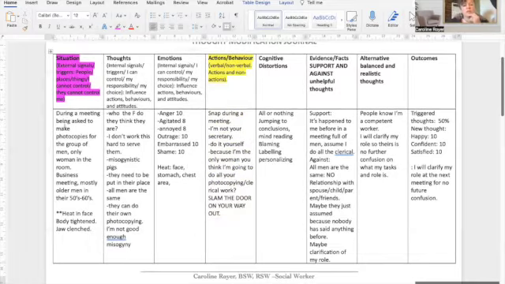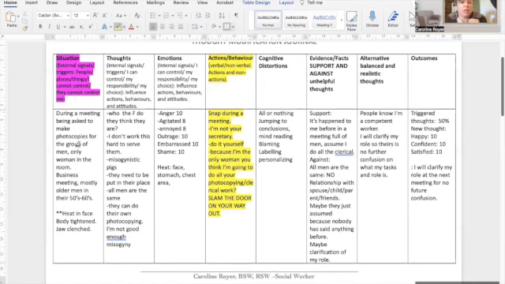All right, so we're working on situations right now. We're looking at all the external signals, triggers, so people, places, things that we can't control, that were going on prior to my actions and my behavior, which was snapping during a meeting. "I'm not your secretary." I'm going to keep that one highlighted as yellow. I said, not very tech savvy.